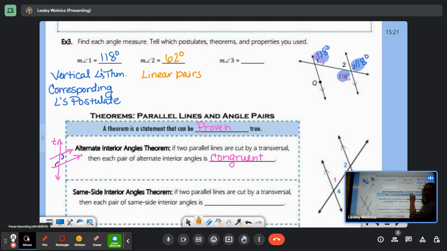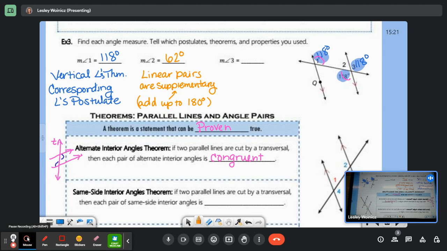This one doesn't have to have a name. You just have to write it out. Supplementary means that they add up to what? 180. Correct. So the 118 and the 62 have to add up to 180.